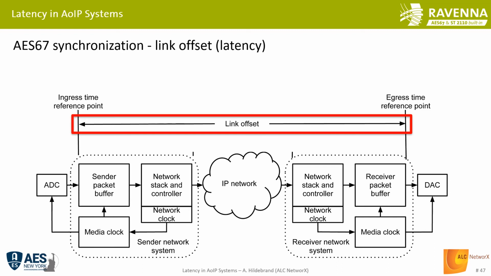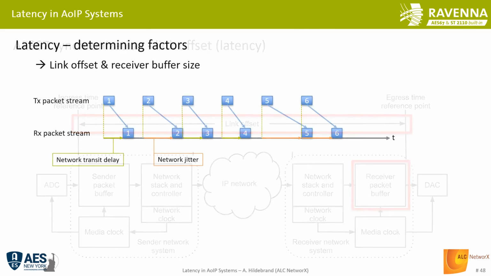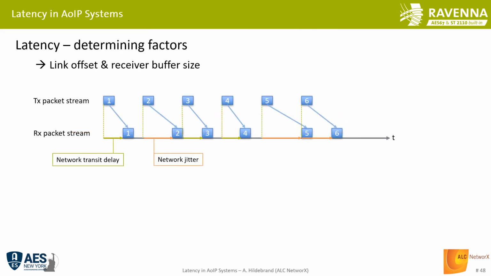So link offset is the important thing to recall, and with link offset, just as with the example with the loudspeaker, the receive packet buffer and the size of it is vital and important. Now, if we go back to our initial diagram of those packets, evenly spaced at the transmitter, not evenly spaced when they are received, we see that the largest packet jitter is between packet 4 and 5, or with respect to the originating time of packet 5 is here.